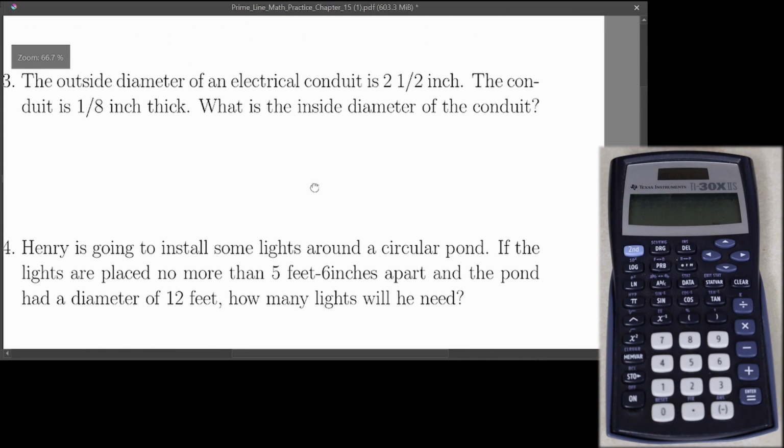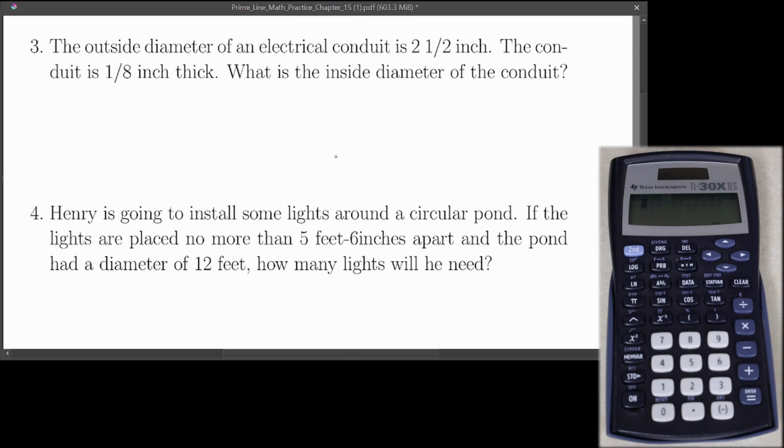Okay. So here we're told the outside diameter of an electrical conduit is 2.5 inches, and the conduit is 1/8 inch thick. What is the inside diameter of the conduit? So conduit, you've got pipe, and we're told our outside diameter here to here is 2.5 inches. And then in here, from here to here, it is 1/8 of an inch thick, which means on this other side it's also 1/8.